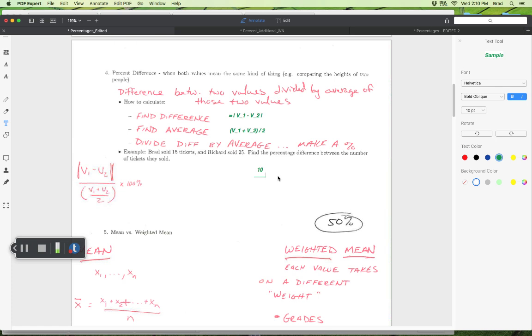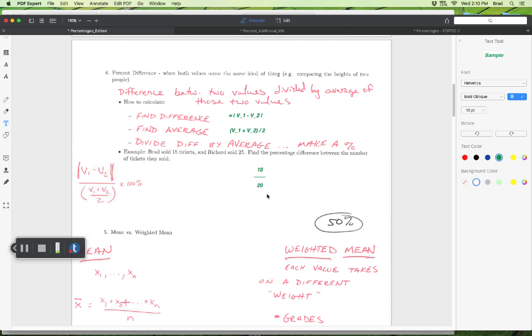I'm sorry, 15 and 25. That's all right. We find the average between 15 and 25, which is 20. Add 15 to 25 and you get 40. Divide by 2, you get 20. So we've got 10 over 20.